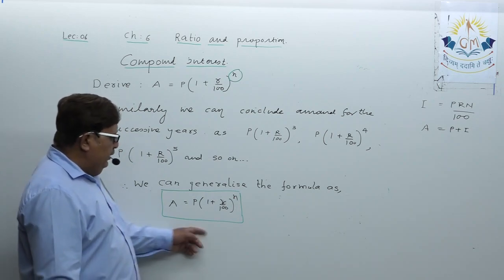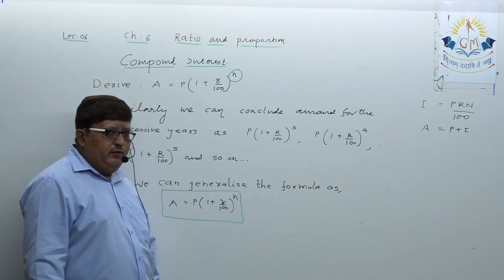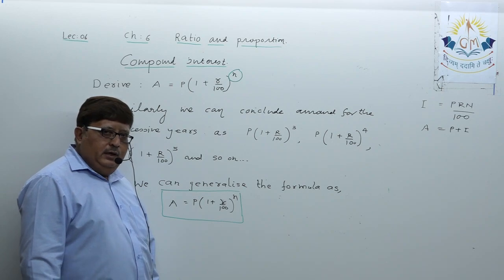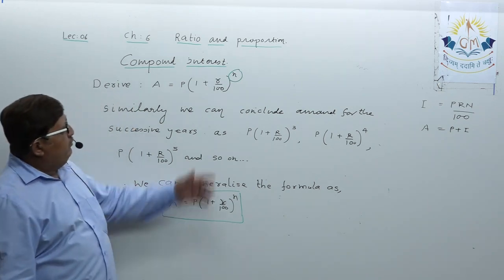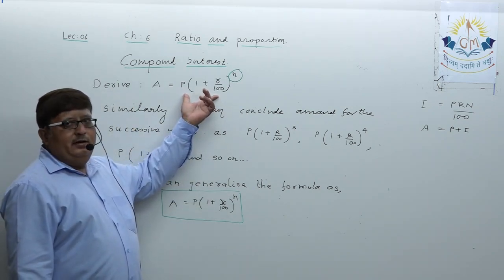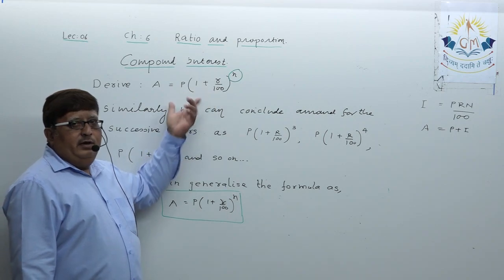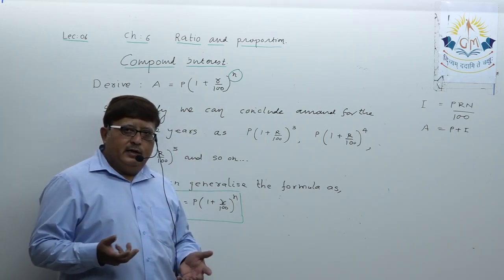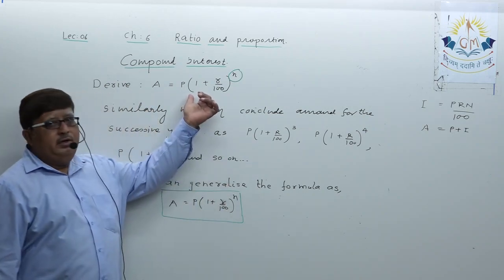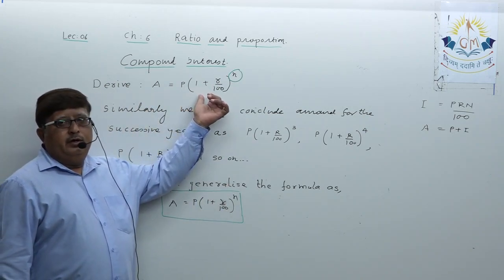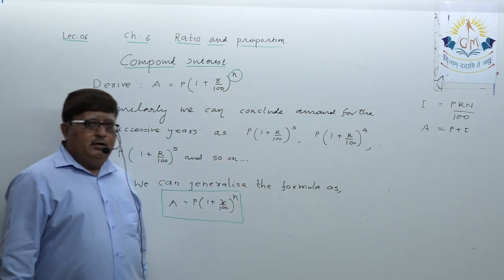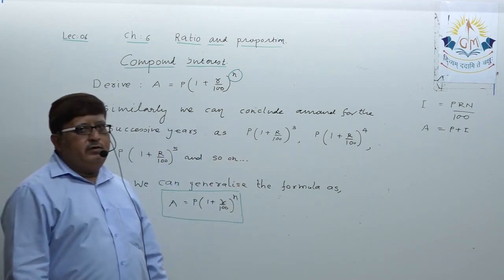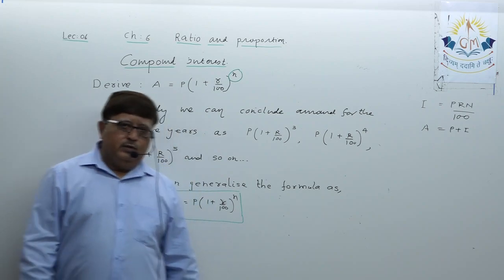Dear student, you have to be very sure about this. The derivation looks simple, and suppose I start the sum and directly write this formula, at least some query may arise in your mind about how we actually got the formula of compound amount. That's why a simple derivation is necessary to understand.